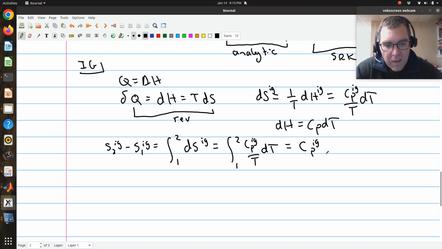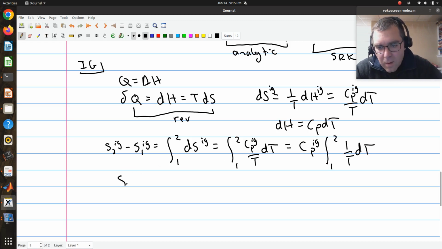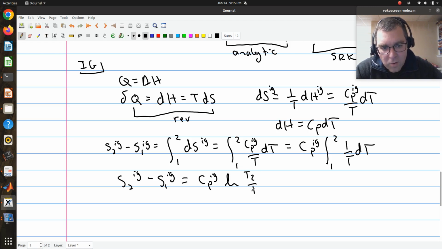And I have Cp ideal gas times the integral from my initial state to my final state of 1 over T dT. So S2 ideal gas minus S1 ideal gas is equal to Cp ideal gas times the integral of 1 over T dT, which is log T2 over T1. And that's it.